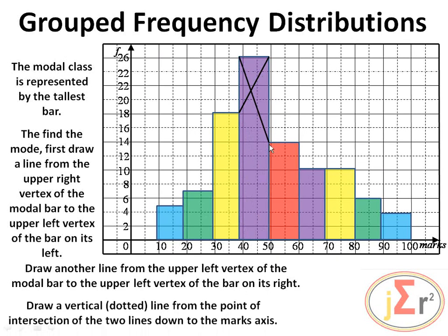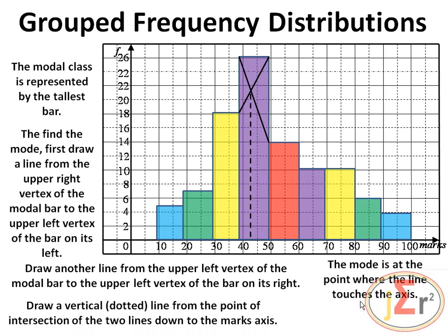After that, we're going to draw a broken line from the point of intersection of these two lines, and it will meet the marks axis, so we can find what the mode is. So that is our dotted line. The mode is at the point where the line touches the axis, so the mode is right here. And if we read that value on the marks axis, we should get 43.5 in an accurate diagram.